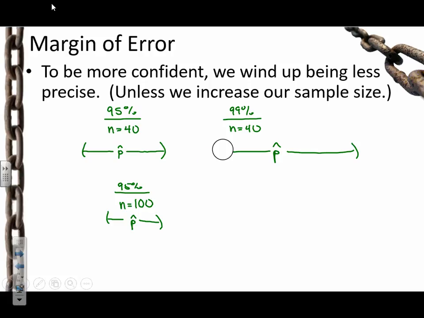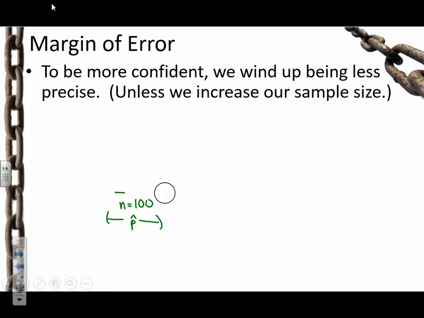Okay? If you don't do anything to sample size, so if you keep the sample size the same, to become more confident, you have to widen your interval. To become less confident, you can shrink your interval. So if we had an interval at 95%, but I don't care about being that accurate, I want to maybe only have 80% confidence, I can shrink my interval down quite a bit.